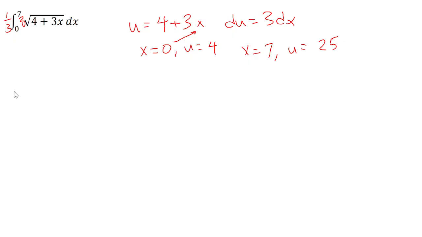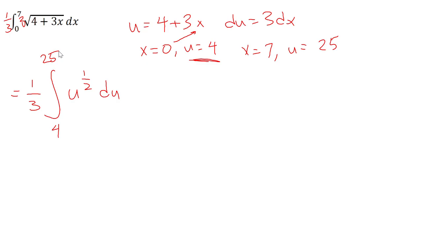So this can be rewritten as 1/3 of the integral of u to the 1/2 du, and we'll go from 7 to 25. Sorry, not 7 to 25, 4 to 25. Our new lower limit was 4, not 7.